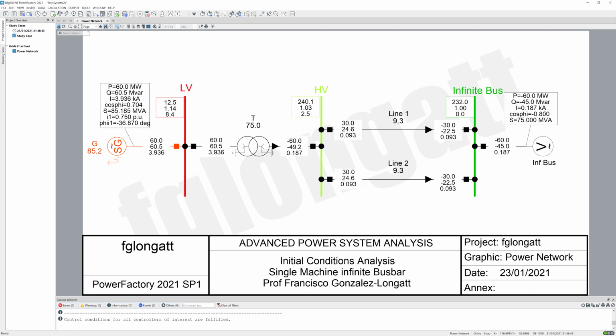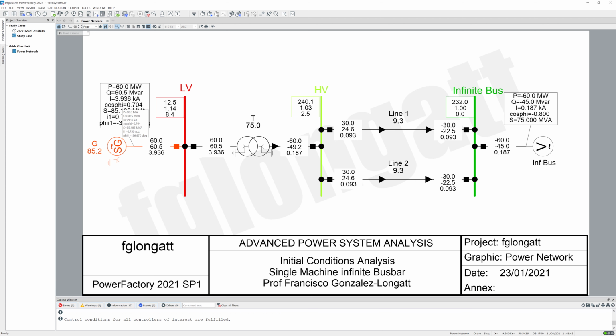Okay, this is the power factor here that we have been fighting to get, and this is the power factor that we have in the infinity bus bar. And on the left hand side you can see that we have the full details about currents, active power, reactive power, and so on.